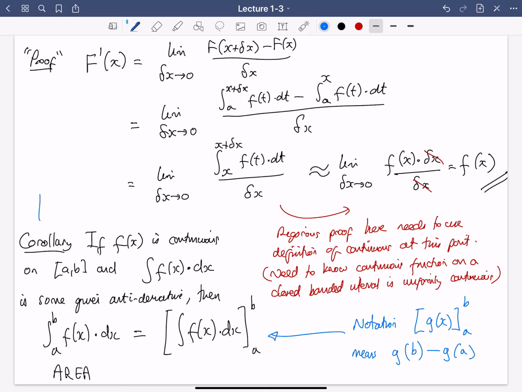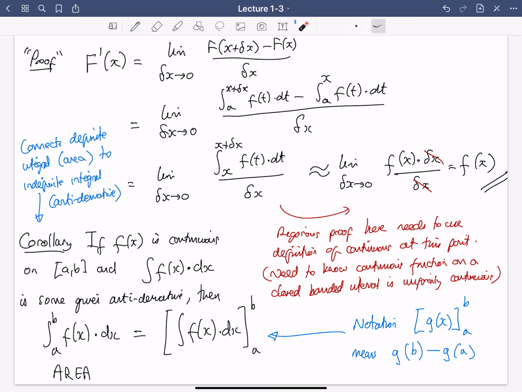So this corollary really connects the definite integral, that's the thing that by definition is the area, the left-hand side of this equality, to the indefinite integral, that antiderivative, the right-hand side. So it says if you know an antiderivative of f of x, you can calculate the area.